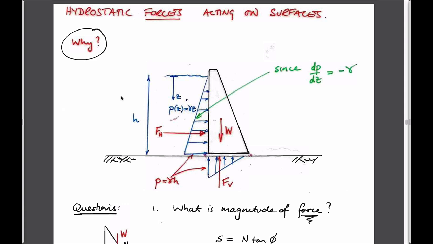It doesn't act at the centroid of the surface, but at some other point, which is at or below the centroid of the plate. And if you want to look at failure mechanisms, you have to take the resultant forces and where they act, and then resolve moments around a relevant location as to where they might fail.